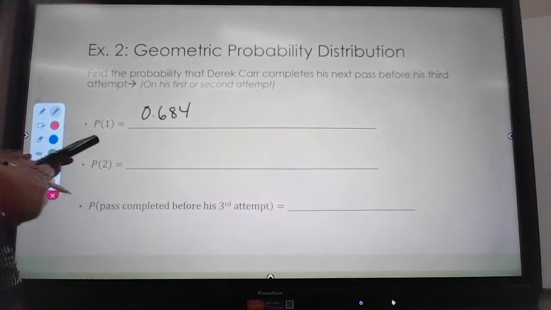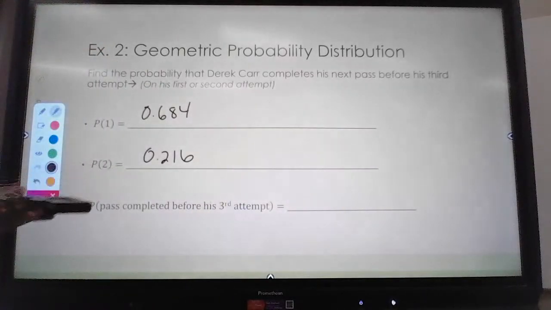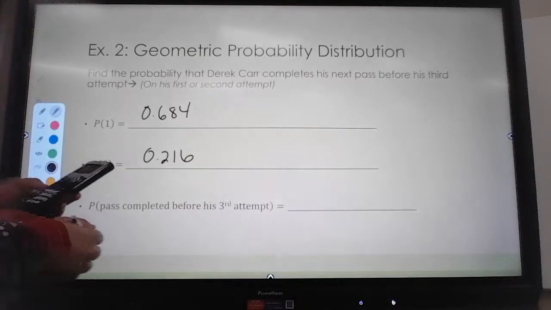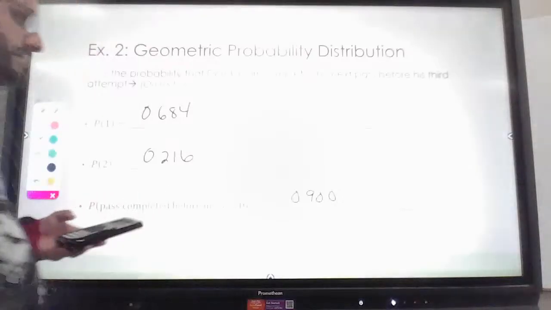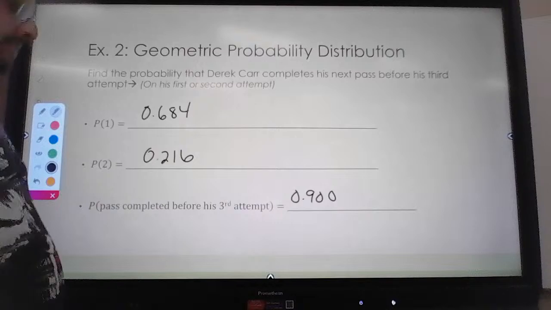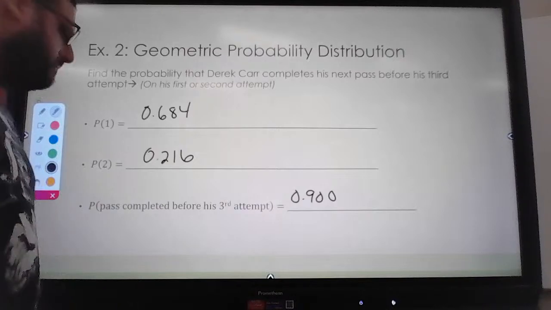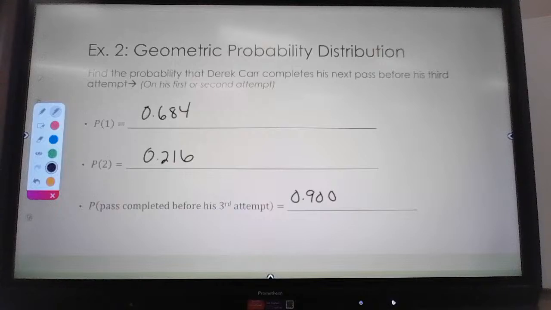If n is 2, I get a value of 0.216. Now if I add 0.684 to this number, I get a value of 0.900. So I actually have a 90% chance, compared to a 9.4% chance, of him completing his pass on his first or second attempt as opposed to his third or fourth attempt.